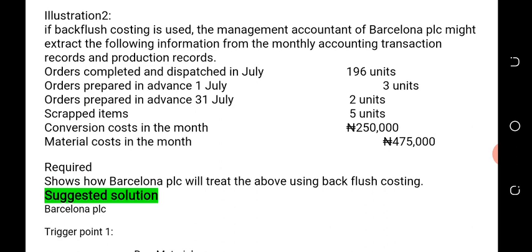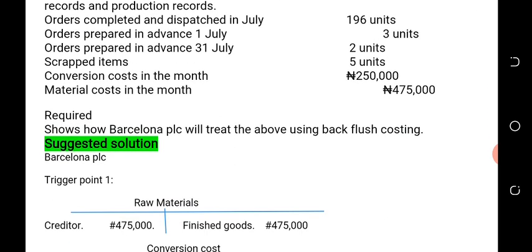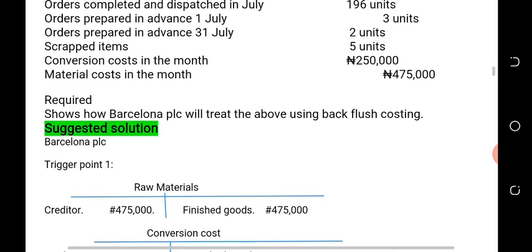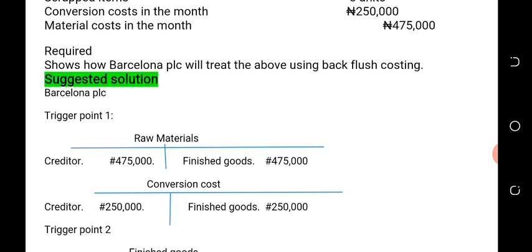Then the conversion cost, which is for other direct expenses excluding material, is 250,000. While material cost for that month is 475,000 naira. Now you are required to show how Barcelona PLC will treat the above using backflush costing.